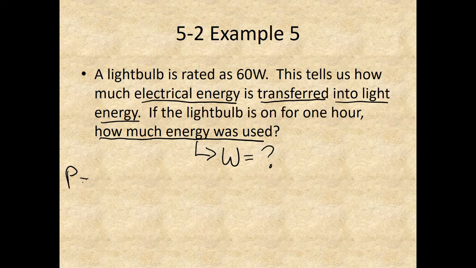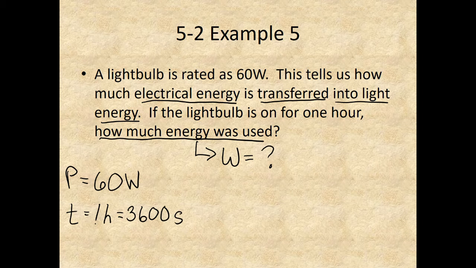So the power is 60 watts, and the time is 1 hour, which from our earlier conversions, we know is 3,600 seconds. Power is work divided by time.